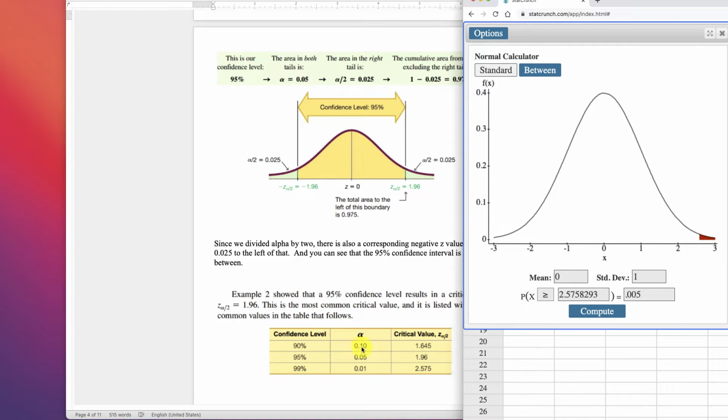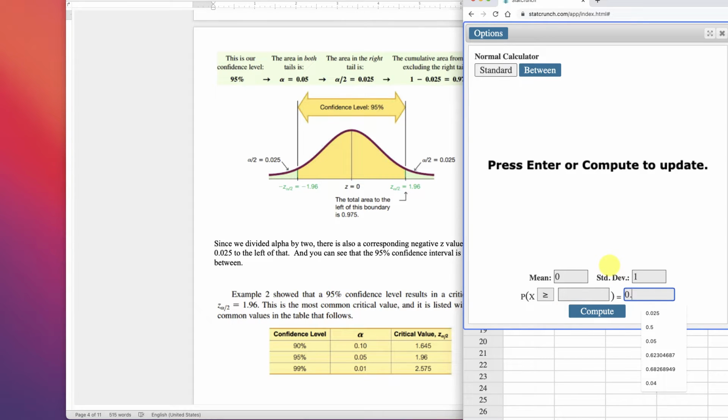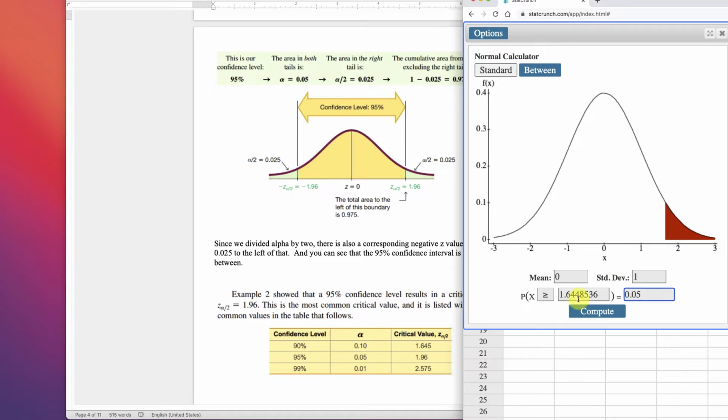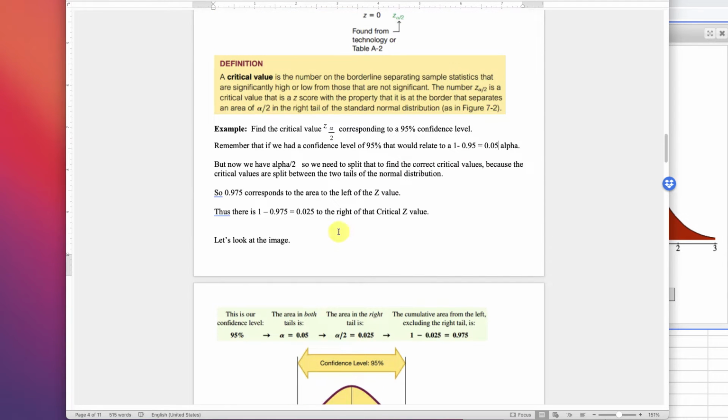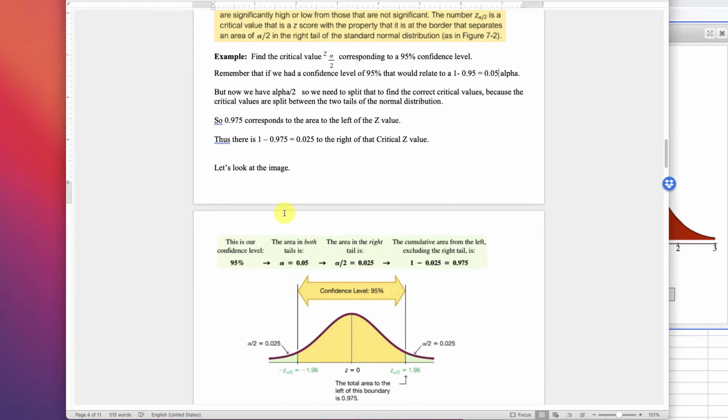Here I want half of this one. Alpha is 0.10, so I want 5% over here. 1.645. Okay, so these are called critical values. All you're doing is looking at alpha, dividing by 2, looking for that right tail, the right one.